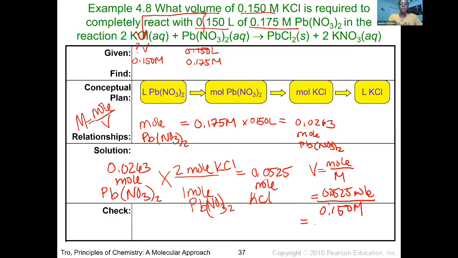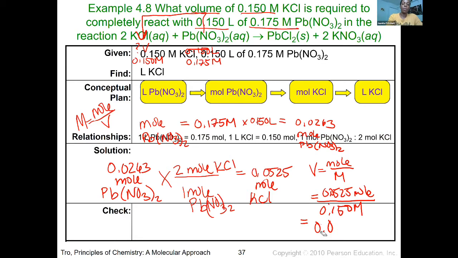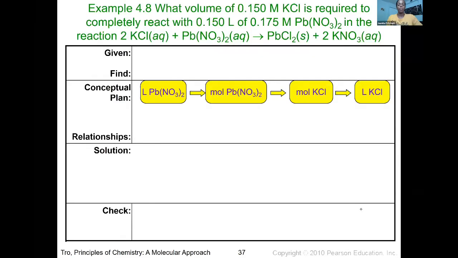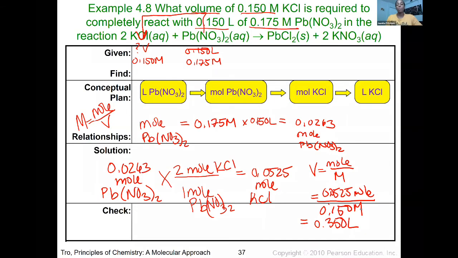And so what that will give us is 0.350 liters as our final answer.